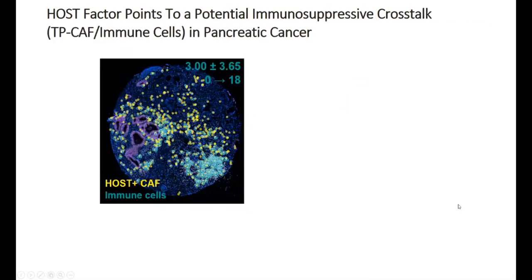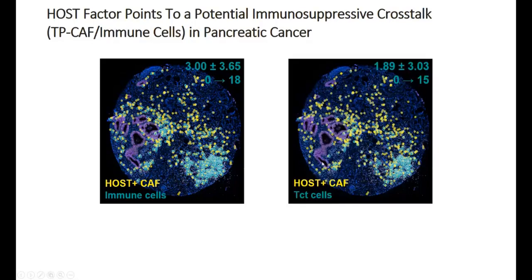Well, continuing with the scrutiny of the neighborhoods where these host-positive calves are, I asked, out of the immune cells, what are the T cytotoxic cells? And still it's a fairly large number of cytotoxic cells nearby these fibroblasts.